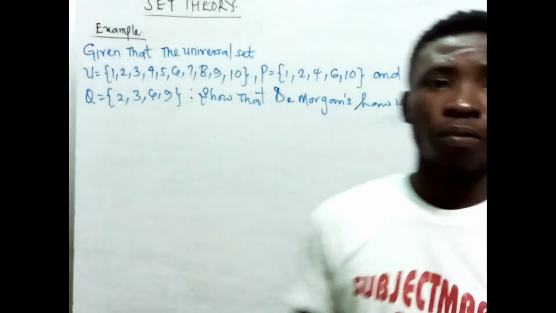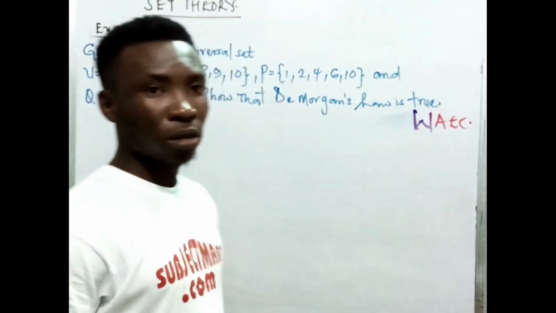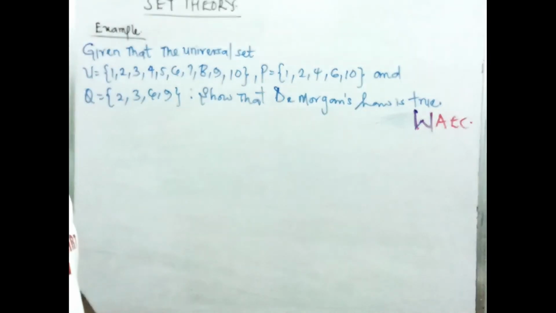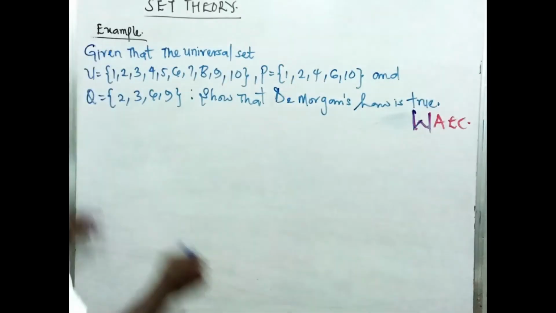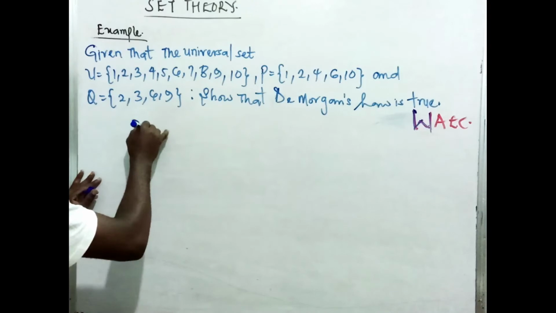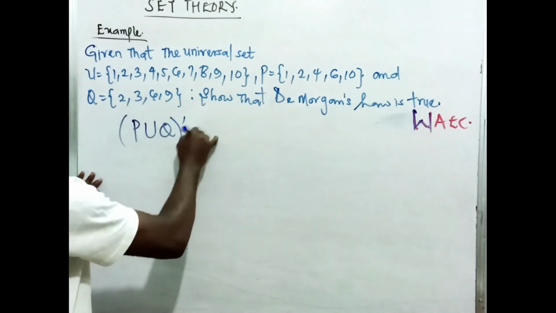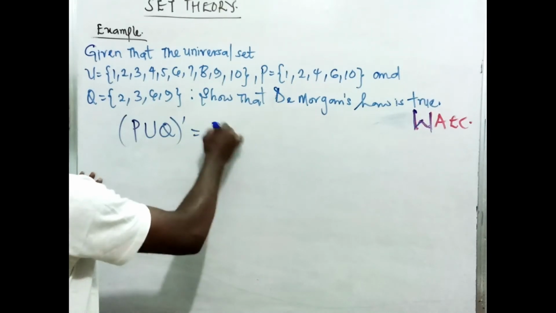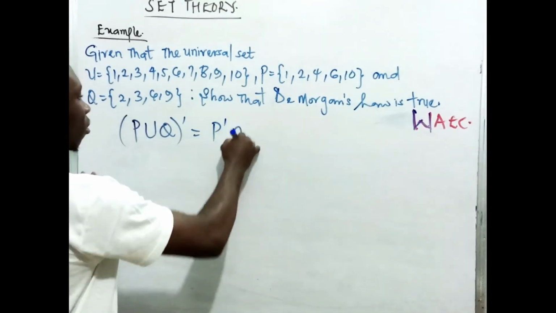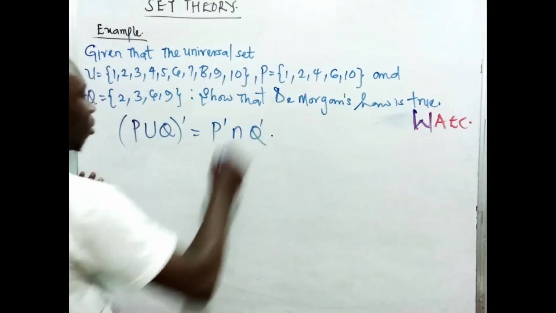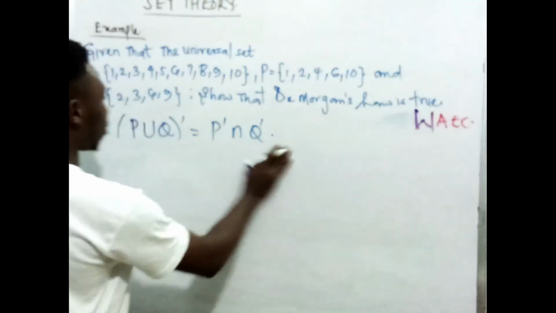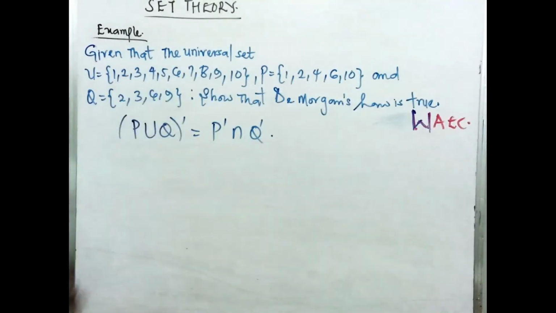And don't forget, when I was telling you about De Morgan's law and various laws, I explained that De Morgan's law says that P union Q complement is equal to P complement intersection Q complement. So we have to prove that this is true from this particular expression.